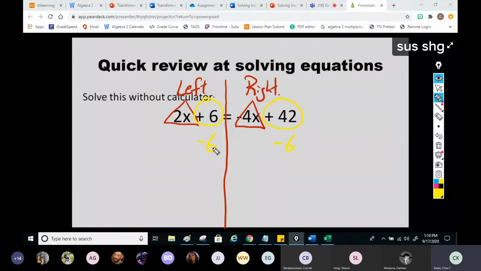All right, +6 and -6 cancel out. So you are left with just the 2x. And then right here, keep the -4x. And then 42 minus 6 is going to get you 36. All right, so far so good.